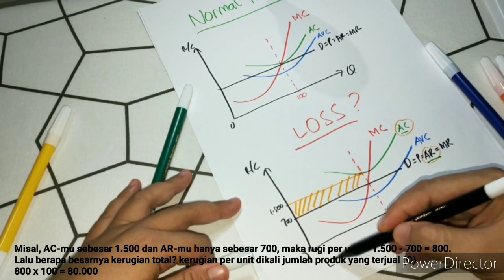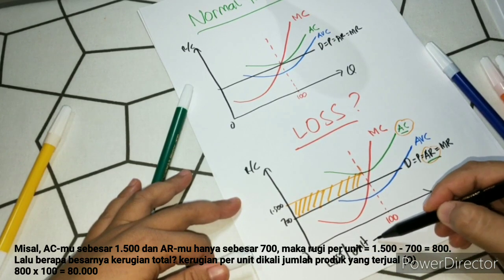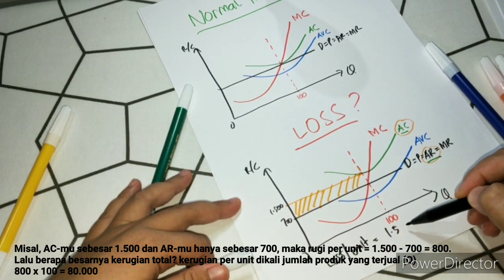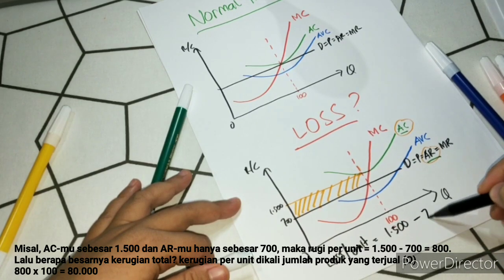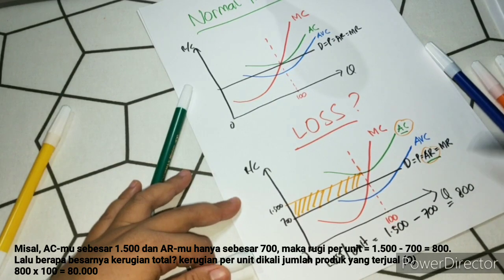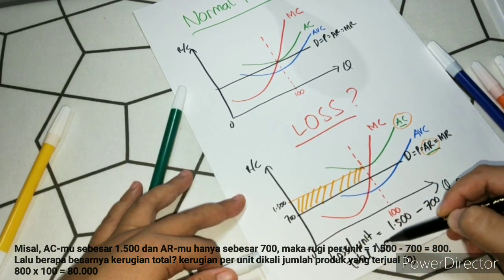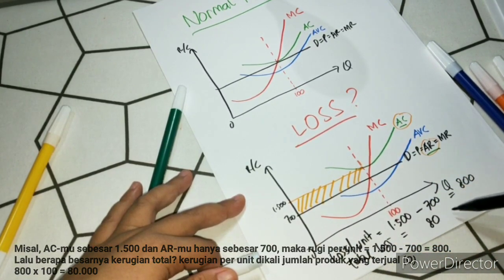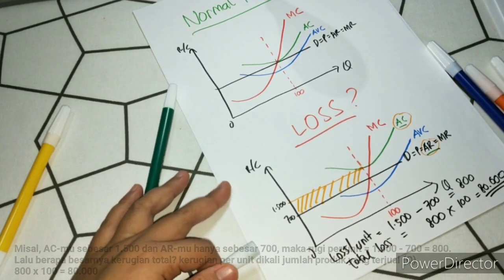So your loss per unit equals your average cost 1,500 minus your average revenue, so your loss per unit is 800. So how to calculate your total loss? Your loss per unit times the quantity equals 80,000. So this is your total loss.